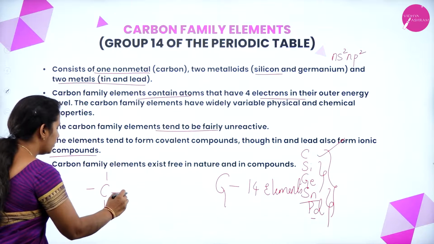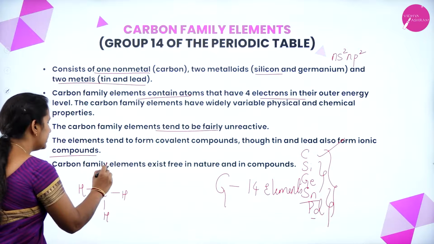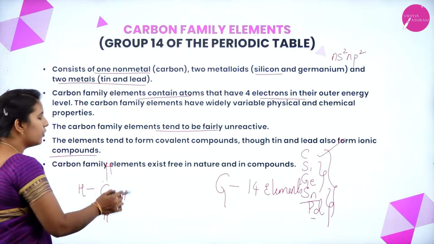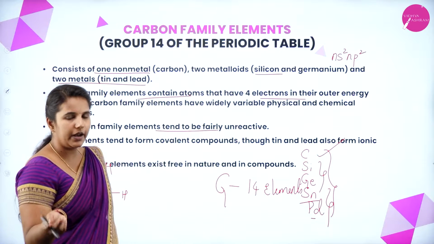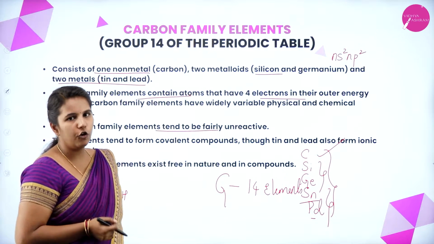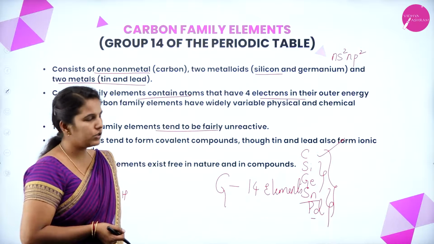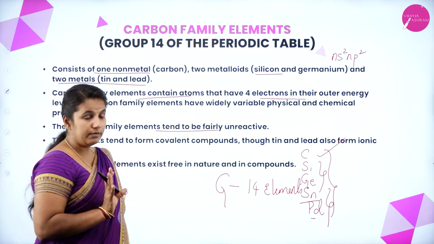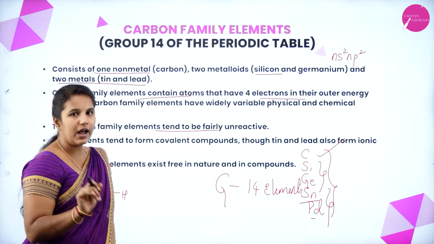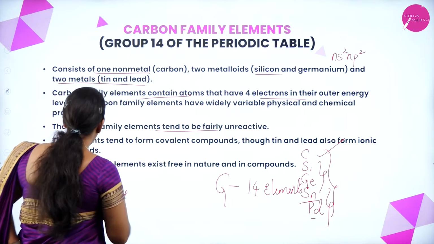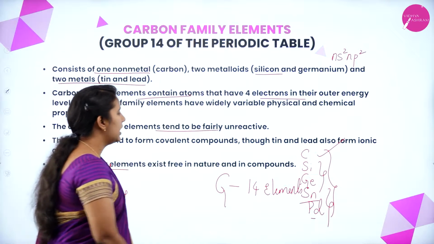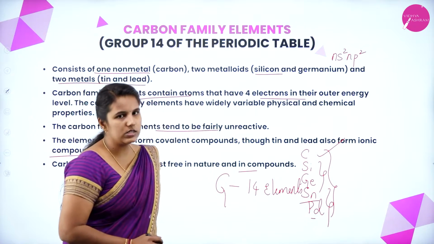It is always bonded with other elements, so it shares all its 4 electrons and forms 4 covalent bonds. Tin and lead form ionic bonds. The carbon family elements exist in free nature as well as in compound form.